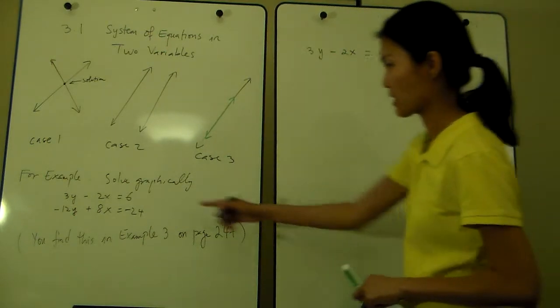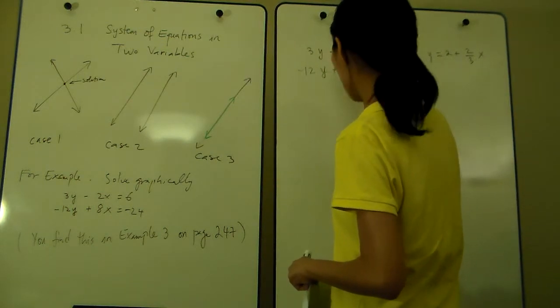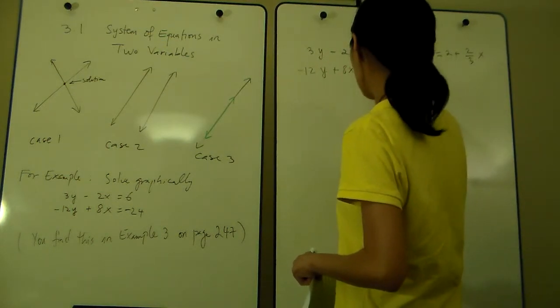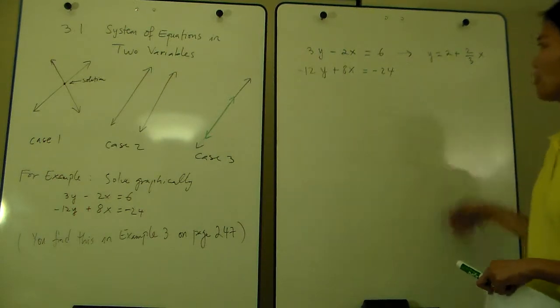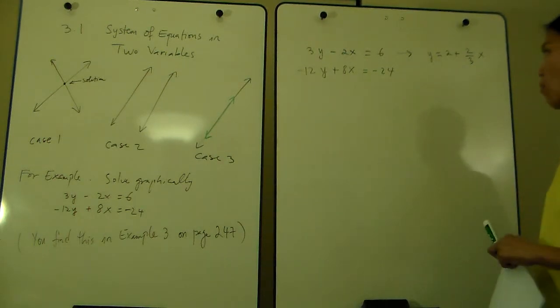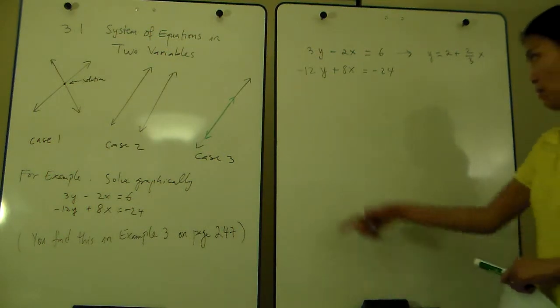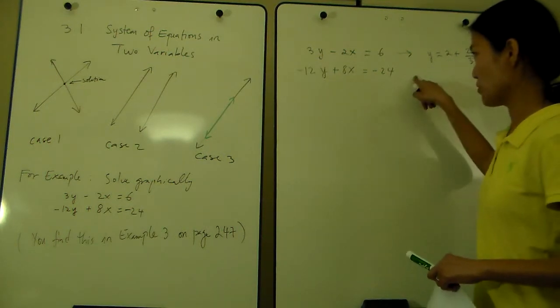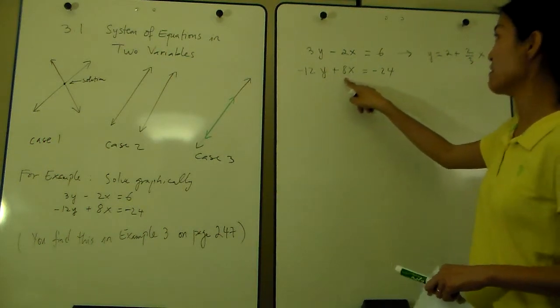Okay, next we have the second equation. Negative 12y plus 8x equals negative 24. Now, you can start by solving for y, or you can simplify as much as possible. For this equation, this coefficient is an even number. This coefficient is an even number.